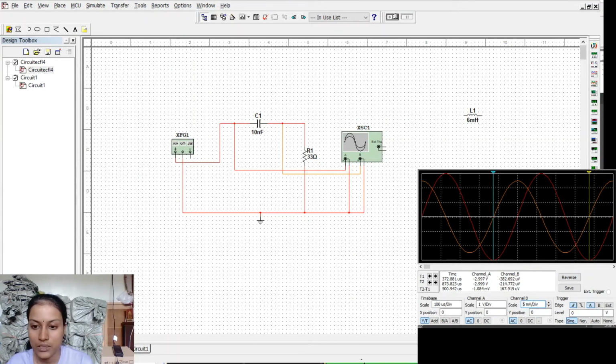Now we will find the difference in time for the starting point. We got 126.177 microsecond.